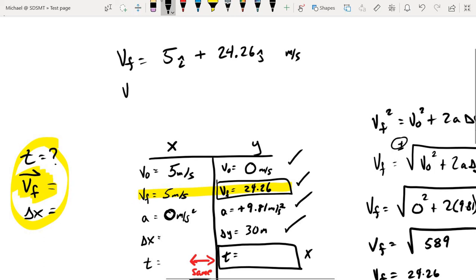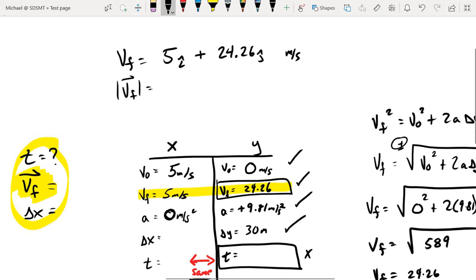And now if I need to find the magnitude of that vector, magnitude mantra says square root of the sum of the squares. So we would square each of those components. And then we take a square root of that summation.